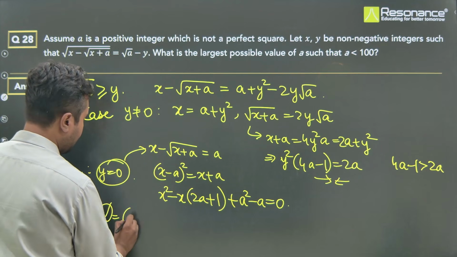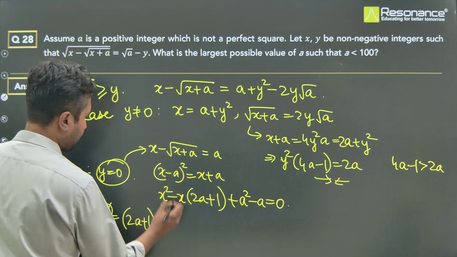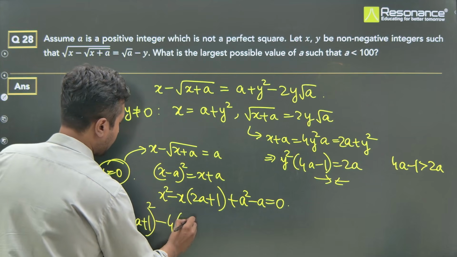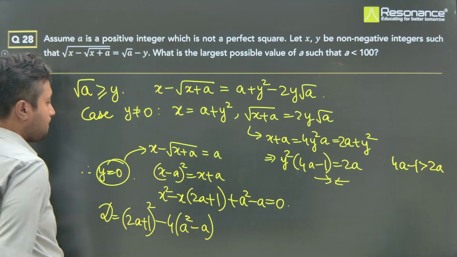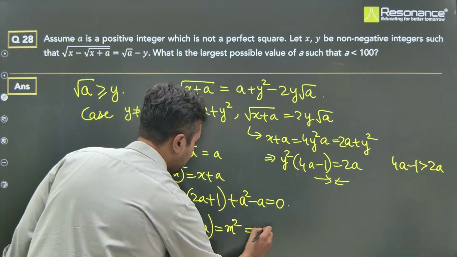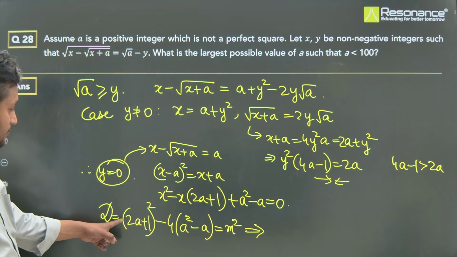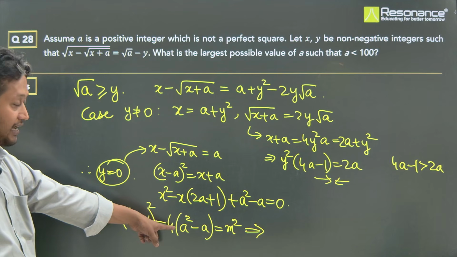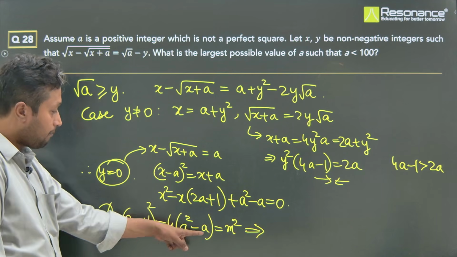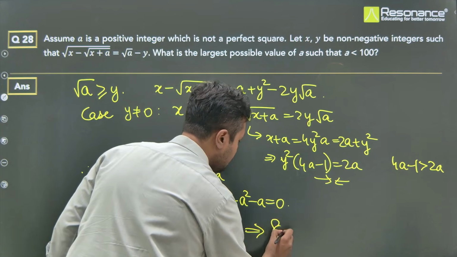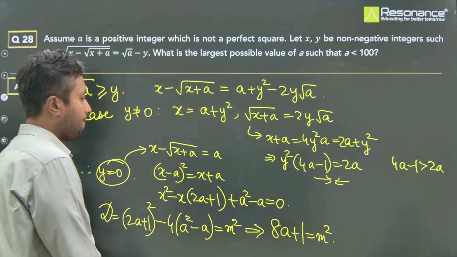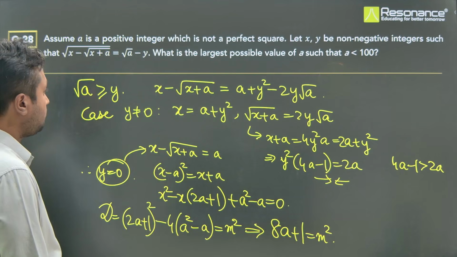So the discriminant is 2a plus 1 whole square minus 4 times a square minus a. That must be a perfect square. Let's see what that tells us. If you expand that out, 4a square will cancel with the 4a square over here. You have 4a plus 1 plus 4a. So that would give us 8a plus 1 must be a perfect square, right?